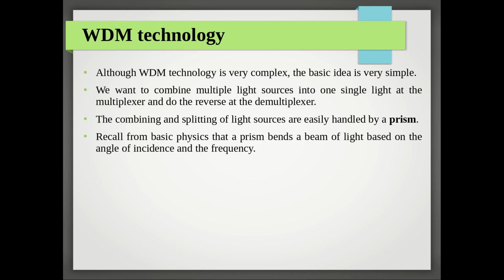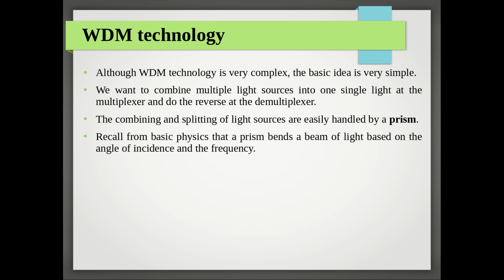So whenever a signal is incident on a prism, it will bend inside the prism and travel accordingly. How much the bending angle is depends on the frequency of the signal, and also the angle of incidence, which is measured with respect to the normal to the surface.